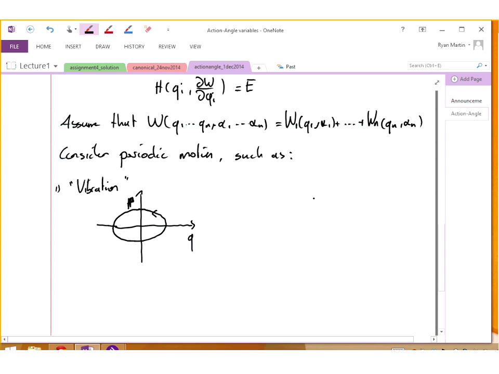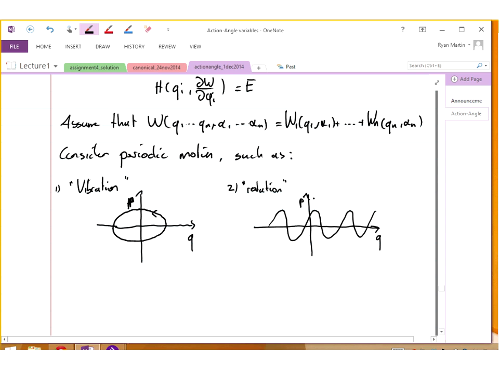So the motion is periodic in the momentum. The momentum keeps oscillating back and forth between fixed values, but the position coordinate keeps increasing. So think, for example, of a pendulum, but now the pendulum has enough energy that it can go around the top. So it's basically rotating.